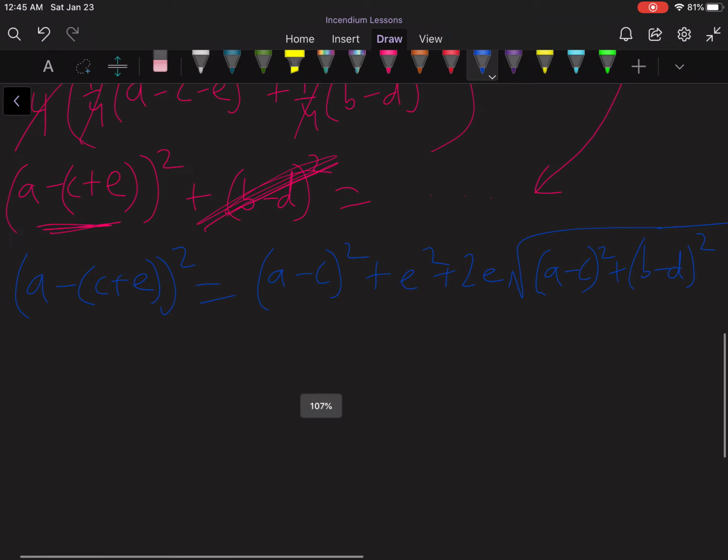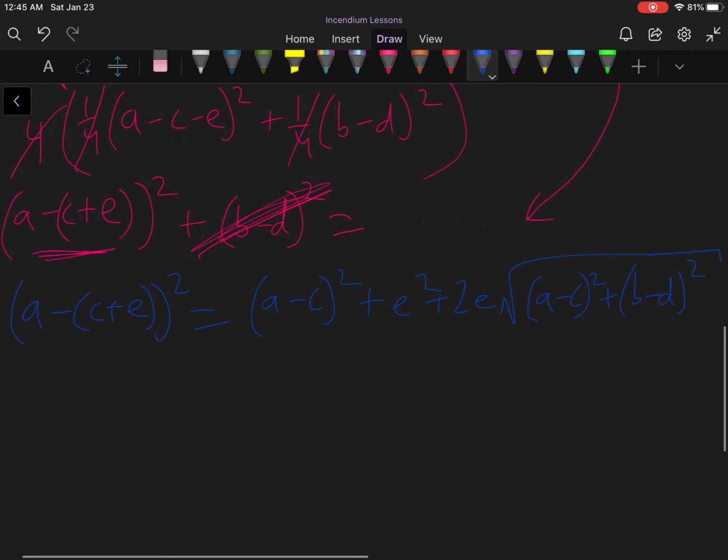Now here is something else that has just popped out to me, and I feel like it might make our life much easier. On the left-hand side, this is not how I initially solved the problem. I'm just thinking of this on the spot, so bear with me if this is wrong. But what if we took the a minus c and separated it from the e? So like that.